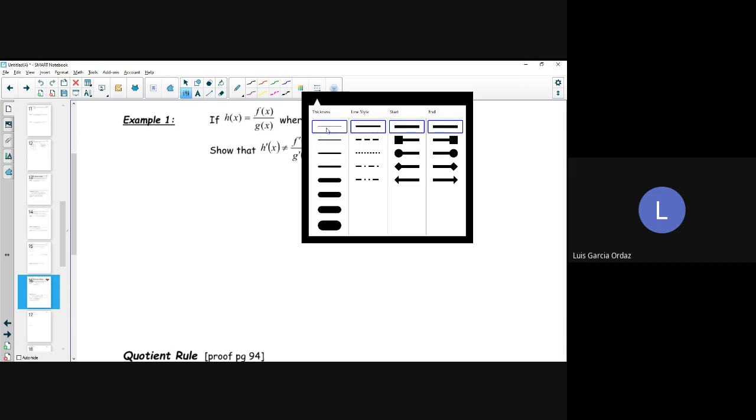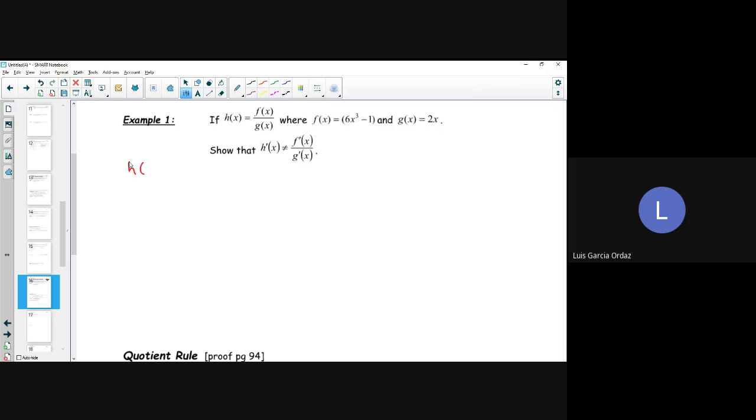So we have h of x, which is equal to f of x over g of x. So you have 6x cubed minus 1 all over 2x. Now I can simplify this even more. I can use my 2x as my common denominator for both, so I get 6x cubed divided by 2x minus 1 over 2x. And then I can start simplifying.